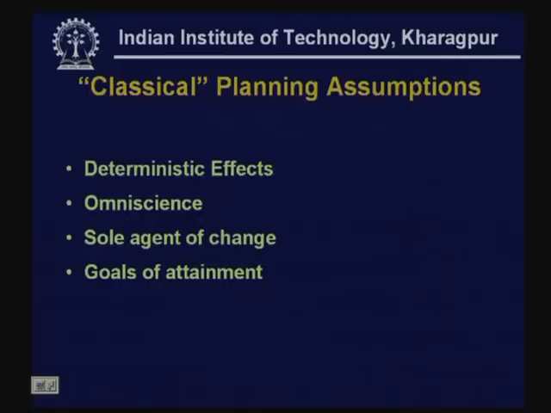Then in the classical planning framework that we are following, we made certain assumptions. We assume that all actions have deterministic effect. We assume that the agent is omniscient and it is the sole agent of change. There are no other agents in the world, and the agent has to achieve certain goals.